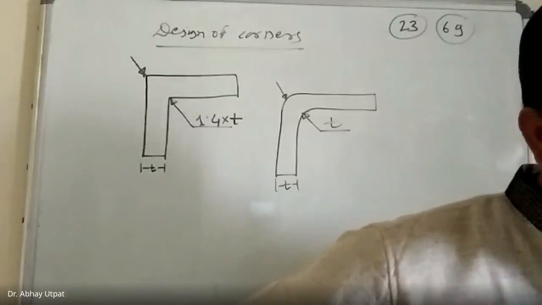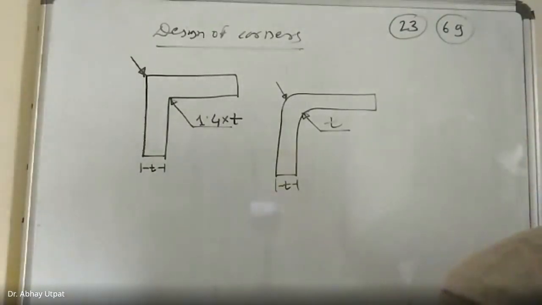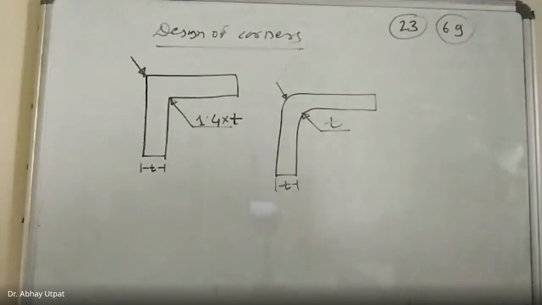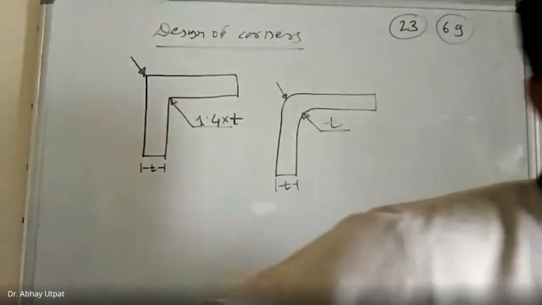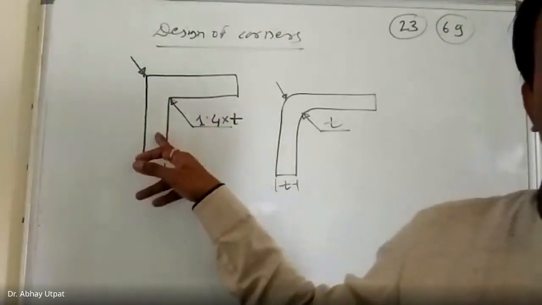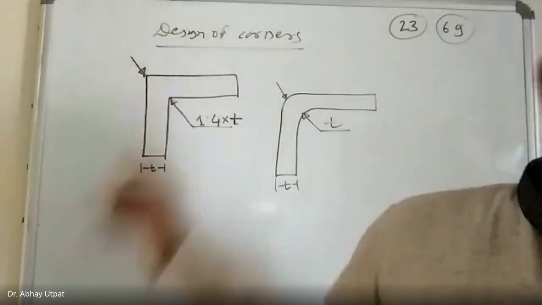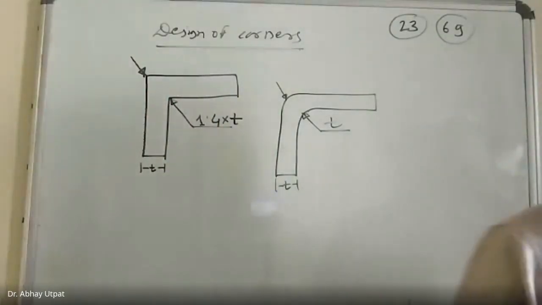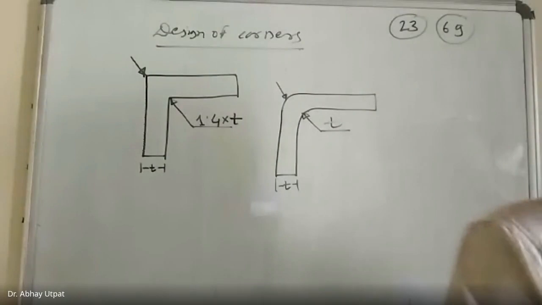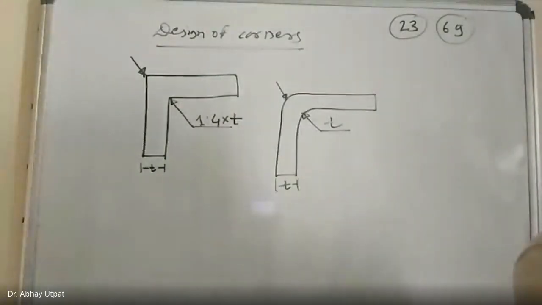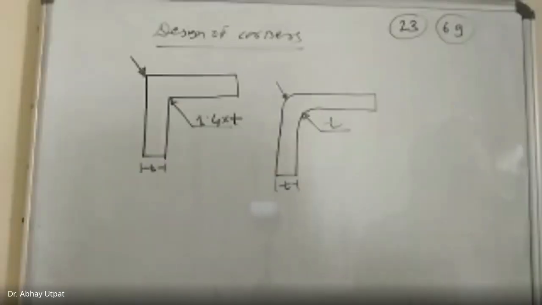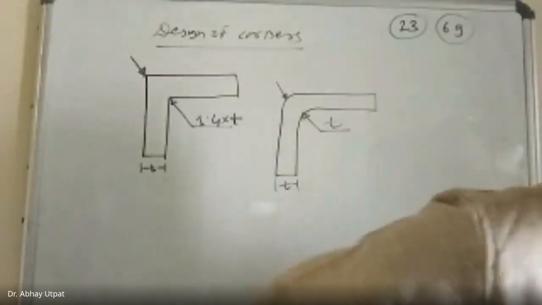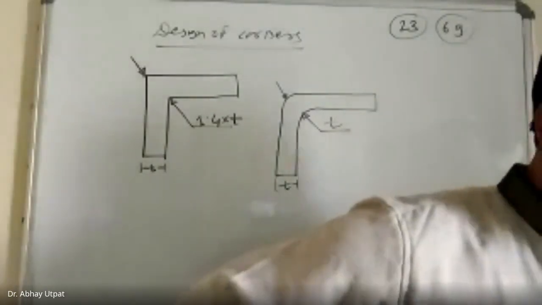Full stop. This will result in differential shrinkage. Means shrinkage here will be different, shrinkage here will be different, and longer cooling time. Full stop. Hence, sharp corners should be avoided.